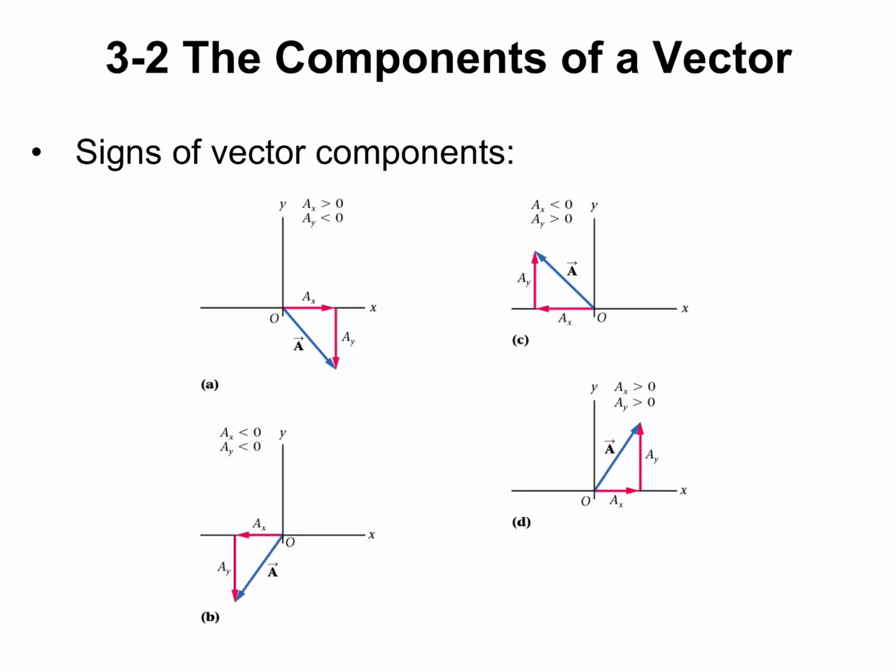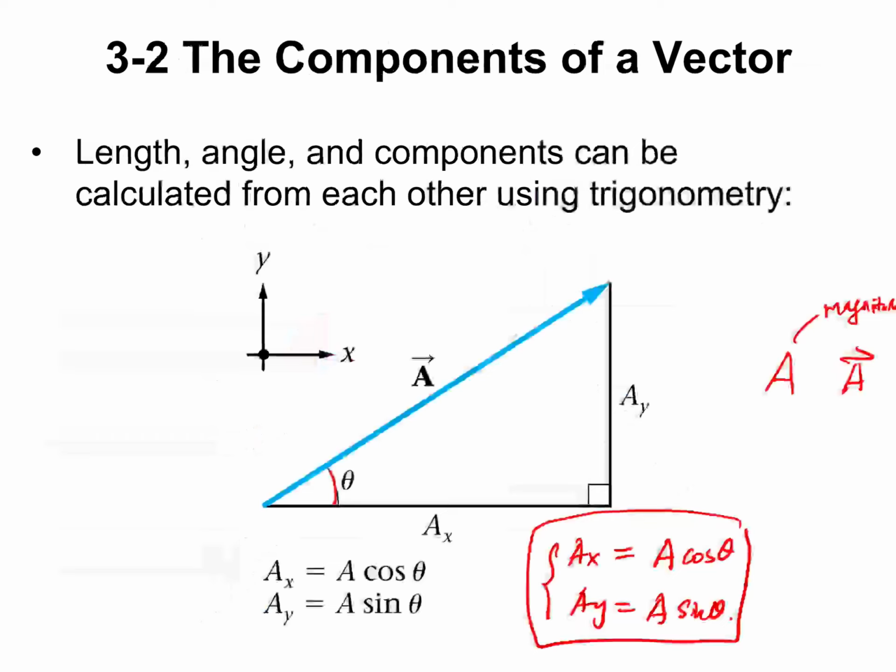The magnitude of the vector is this. From these equations, you square them: Ax squared equals A squared cosine squared theta, and Ay squared equals A squared sine squared theta.